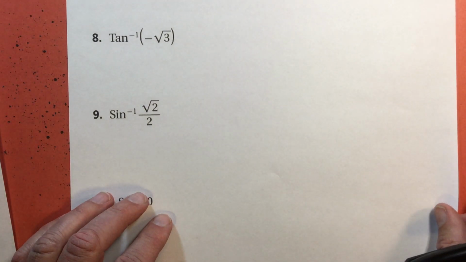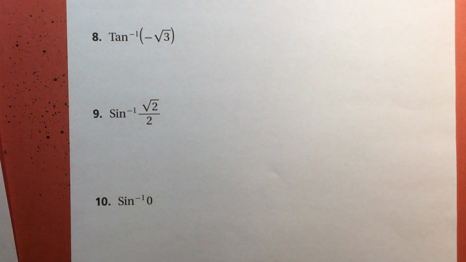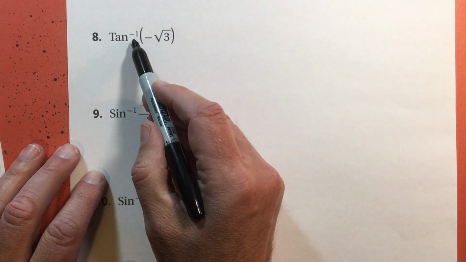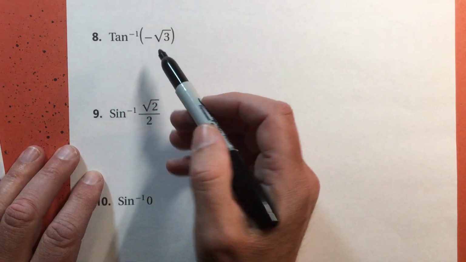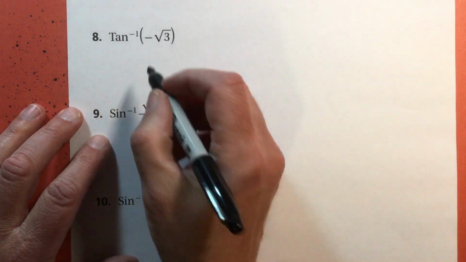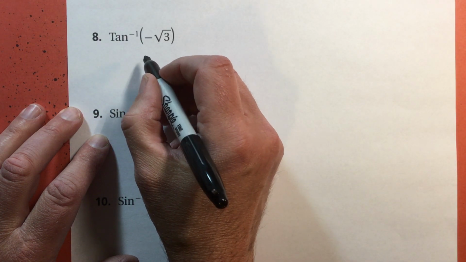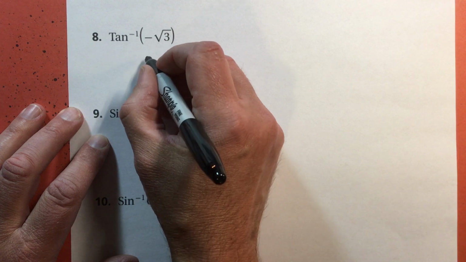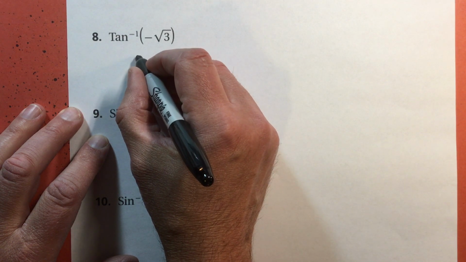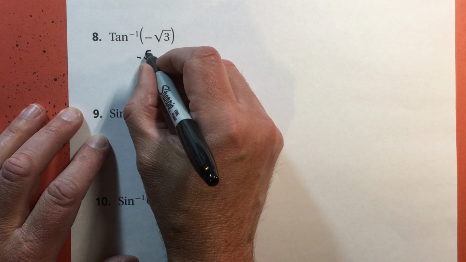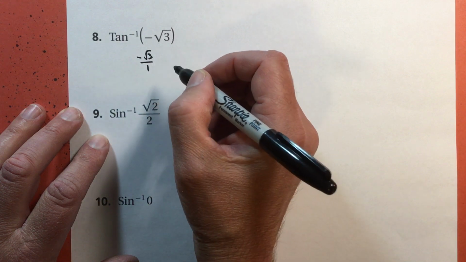Keeping my paper shuffling here. All right, now tangent inverse of negative square root of 3. Okay, so tangent is y over x, so I'm probably going to have negative square root of 3 over 1.